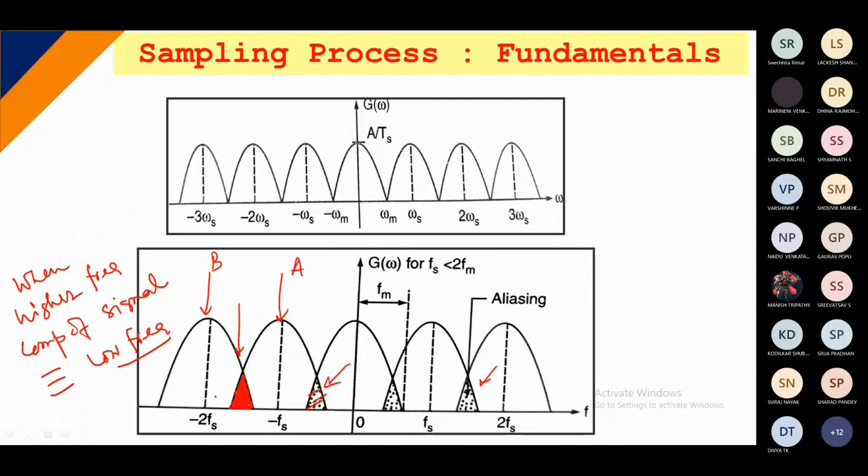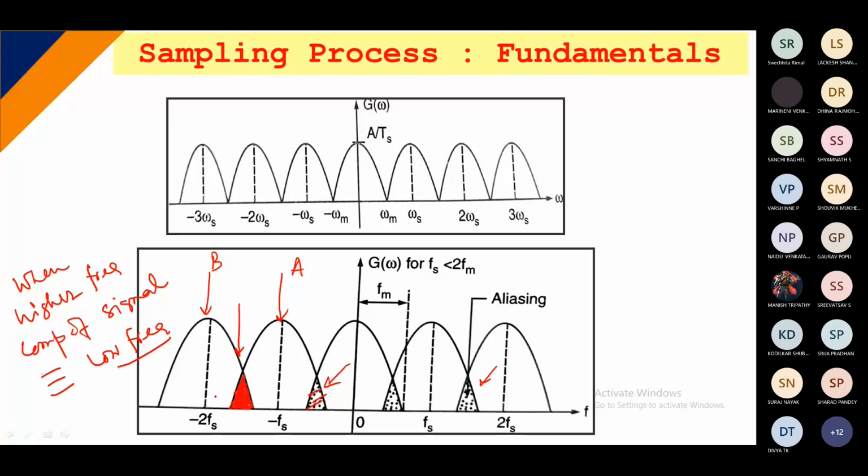So that is to be avoided, and that is why what we usually do is first pass the signal through a low pass anti-aliasing filter. Whenever it is passed through a low pass anti-aliasing filter, the high frequency component is eliminated before it can take the identity of a low frequency signal, and only the low frequency is carried forward.